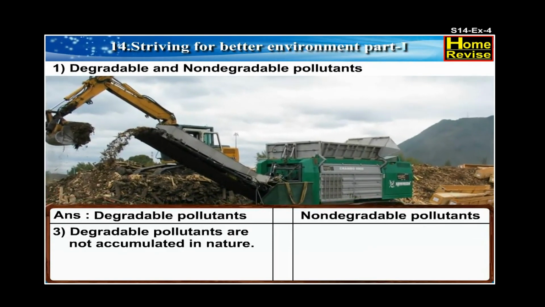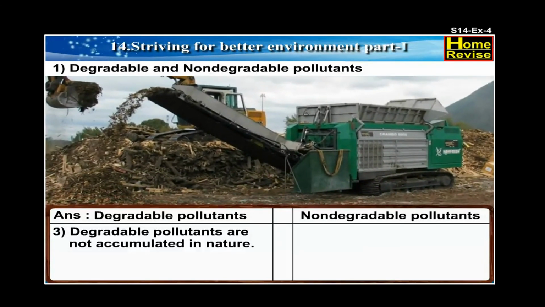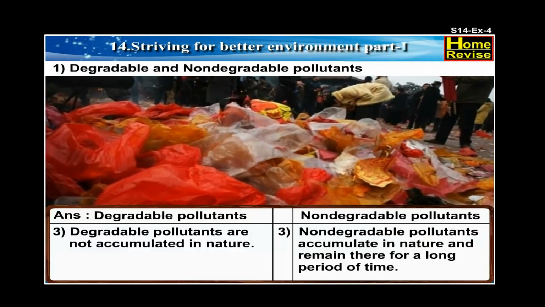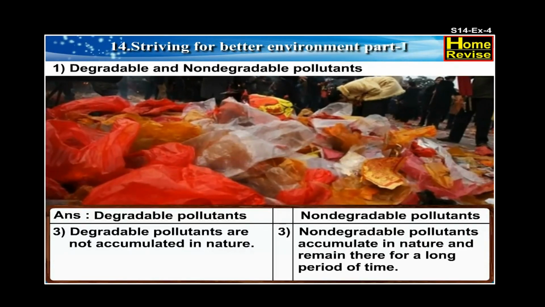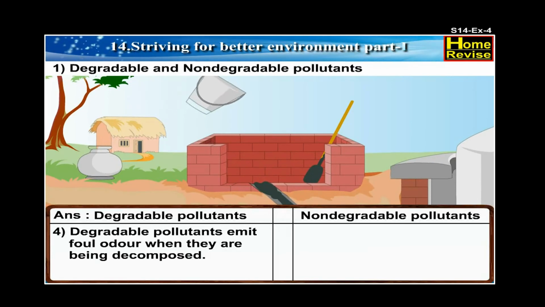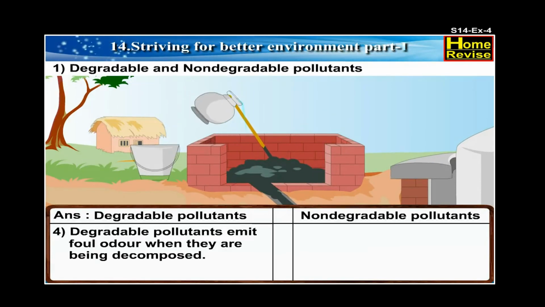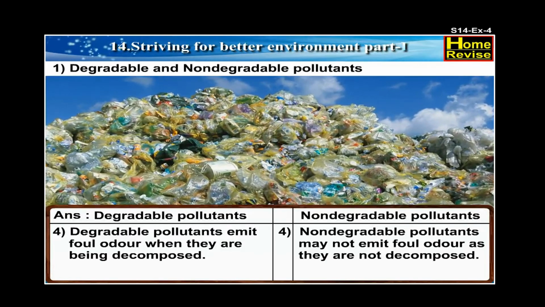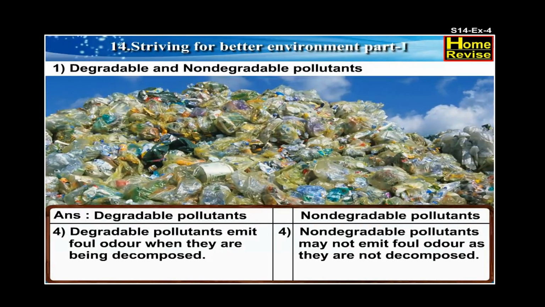3. Degradable pollutants are not accumulated in nature, whereas non-degradable pollutants accumulate in nature and remain there for a long period of time. 4. Degradable pollutants emit foul odor when they are being decomposed, whereas non-degradable pollutants may not emit foul odor as they are not decomposed.